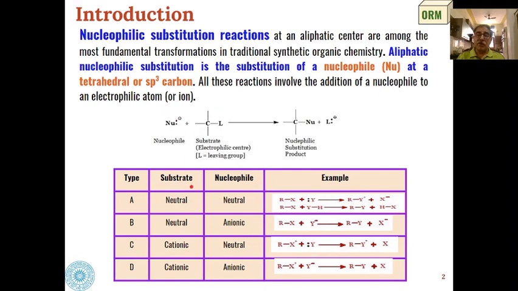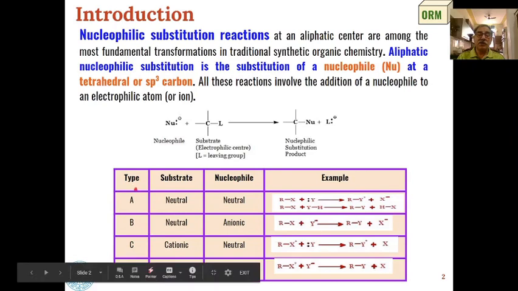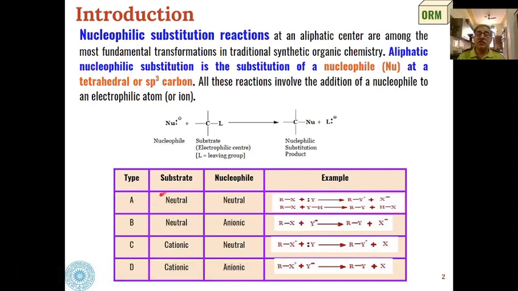So based on the type of substrate and the type of nucleophile, we can have these 4 different types of nucleophilic substitution reactions. First category is where the substrate is neutral and the nucleophile is also a neutral entity.